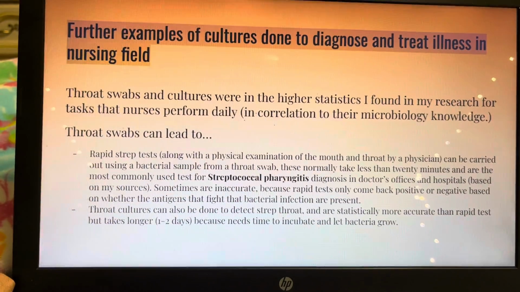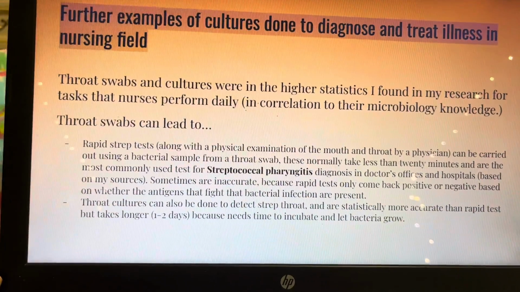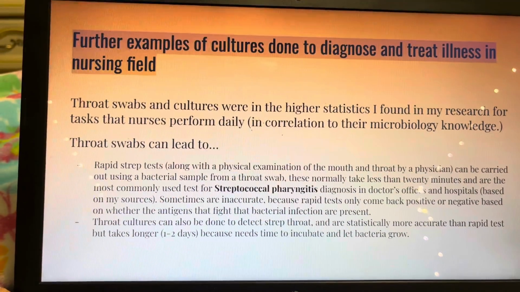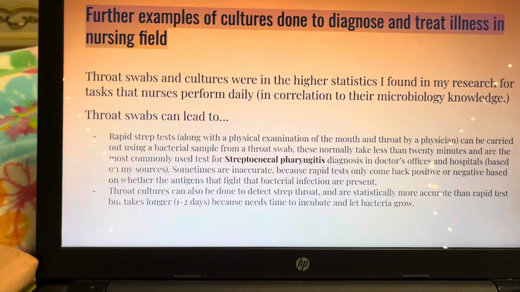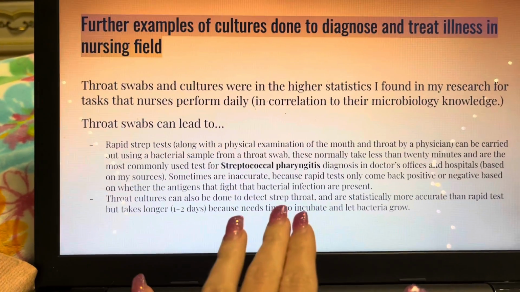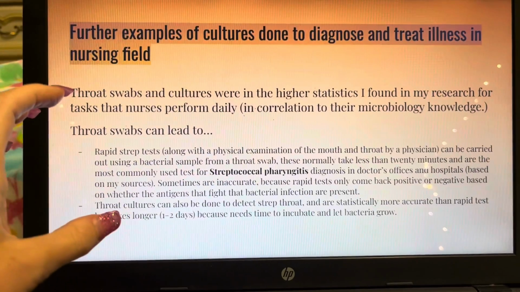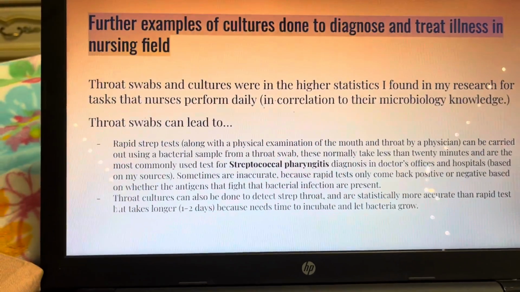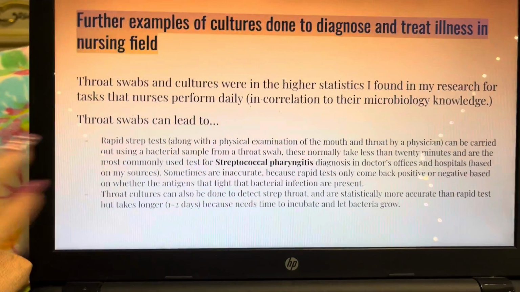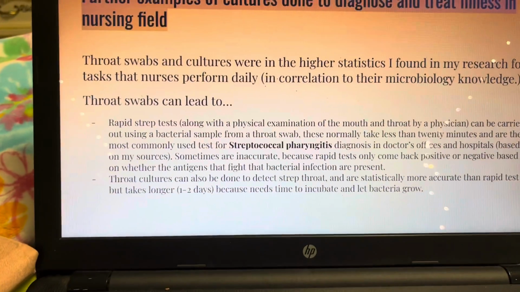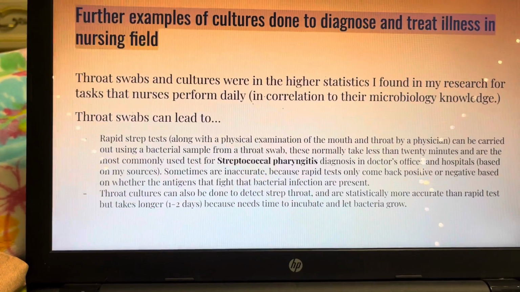And if it's not being cultured long enough, then you might get a false negative. But COVID's not really a good example of this, because COVID is a virus and this is a bacterial infection. So yeah, rapid strep was just an example of a real life application of a rapid test.